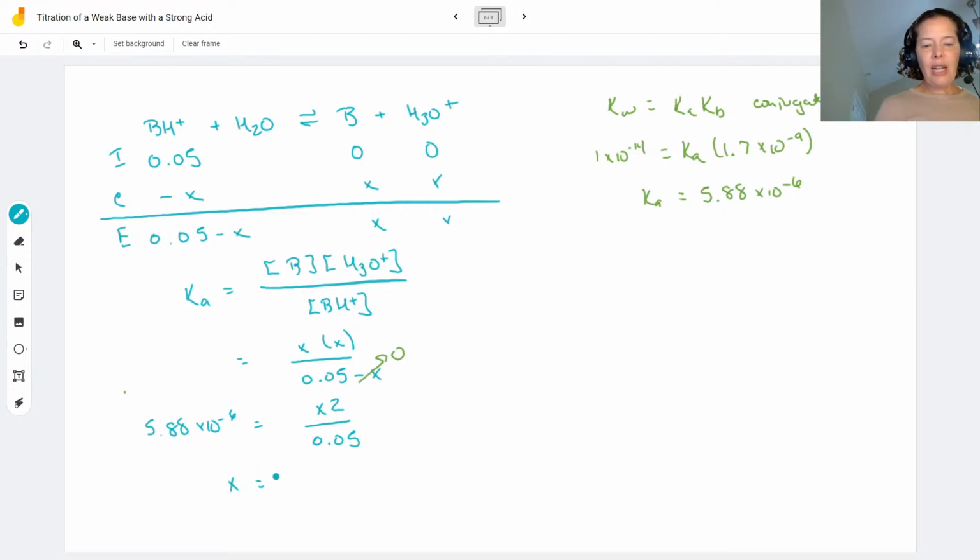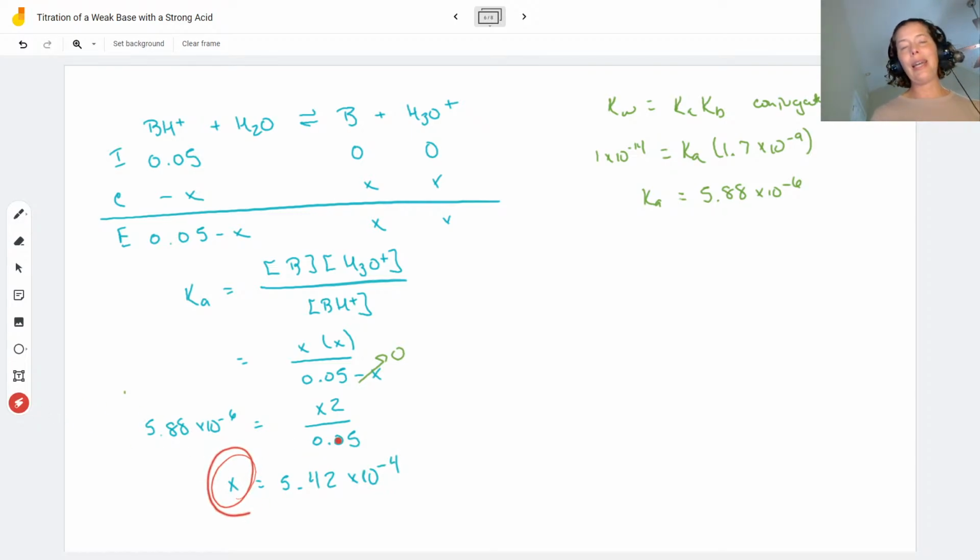So when I solve for x, I get 5.42 times 10 to the negative 4th. Now again, as always, remember, what does x equal? X equals my hydronium concentration, which means calculating pH is a lot more straightforward. I'm not calculating pOH first.